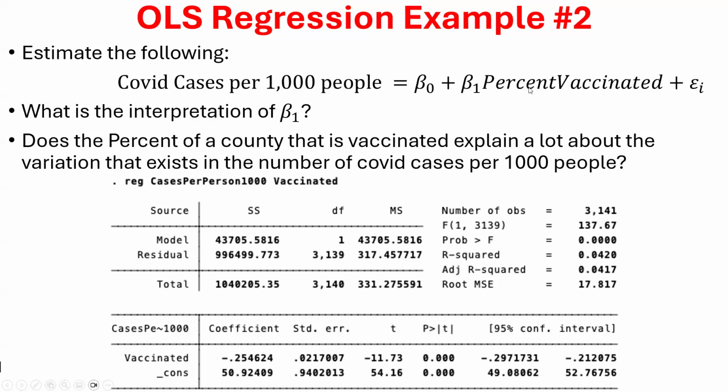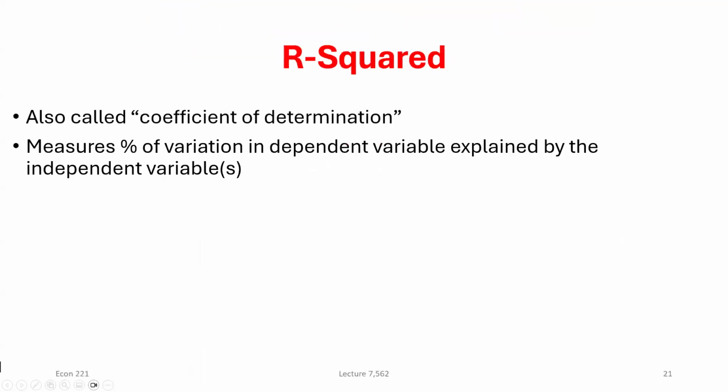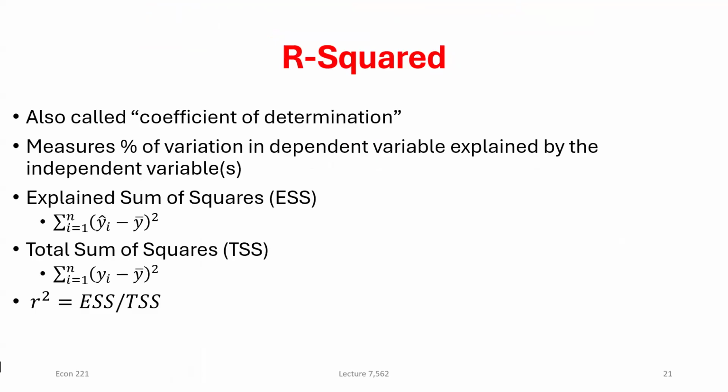There's a lot of other things that would be better predictors of how many COVID cases I see in a county other than just the percent that's vaccinated, right? So where this comes from is, there is some total sum of squares. Now, what should this look pretty similar to?